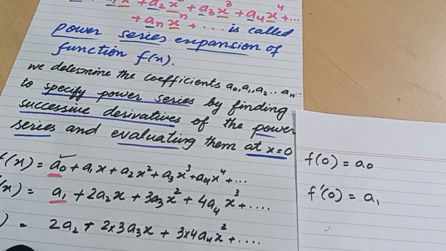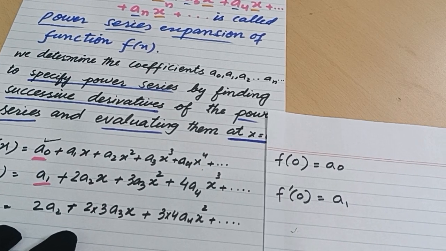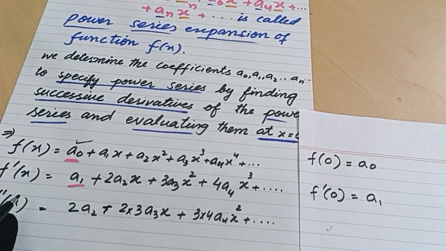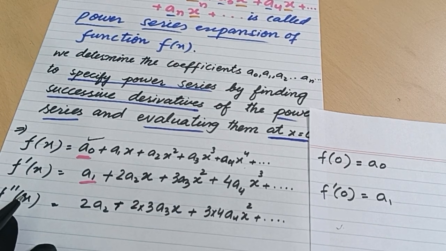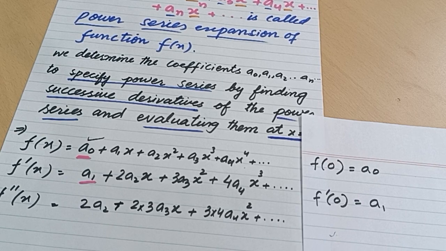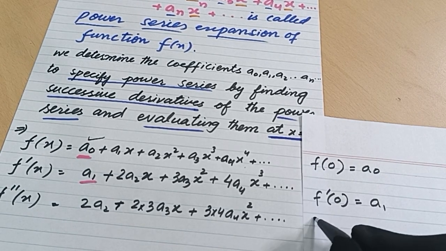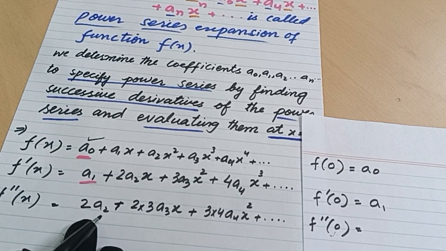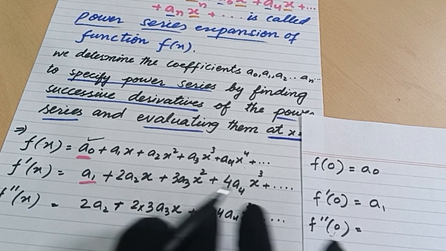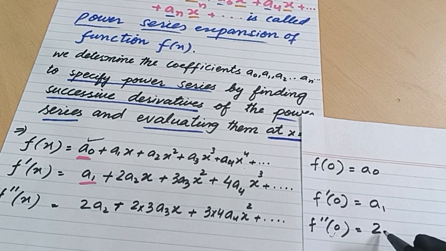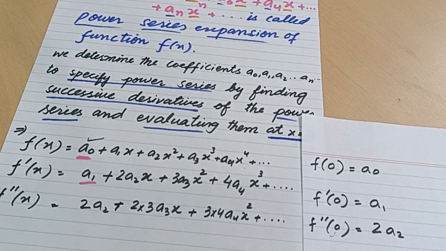When I take this at x equal to 0, the second derivative at 0 gives only the first term, since all terms with the variable become 0, that is 2a2.